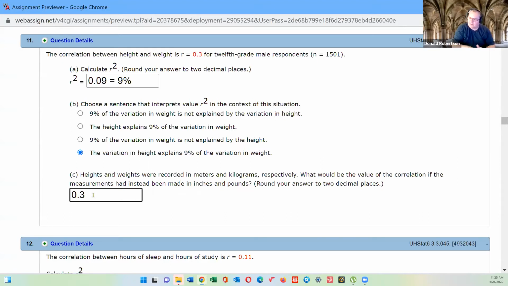The X can be in meters and the Y in kilograms. It won't matter. Your correlation coefficient is the same. Now, are they talking about the R value or the R squared? R. They are. So that is the right answer. If they'd said, what would the value of R squared be, wouldn't I just say it's still 0.09? That wouldn't change either, because isn't R squared just R times itself?